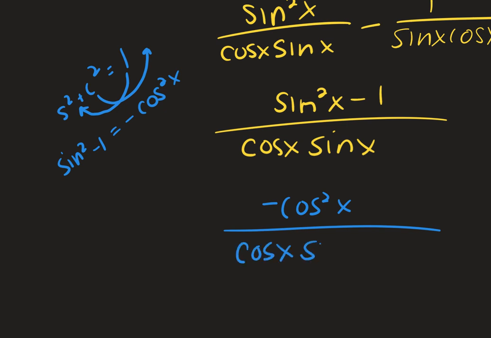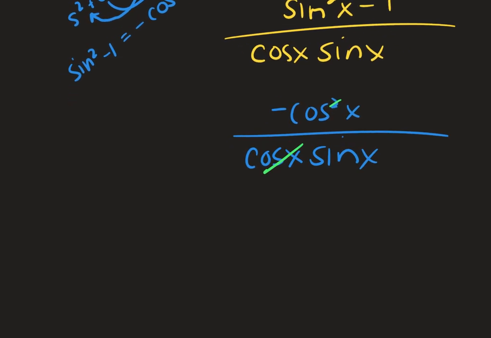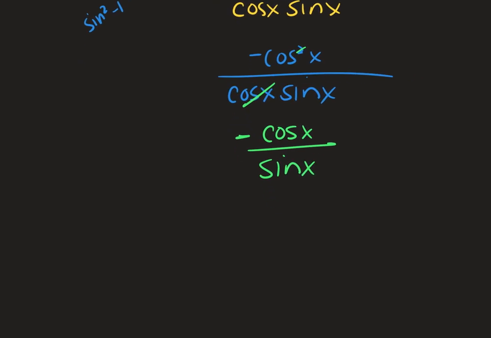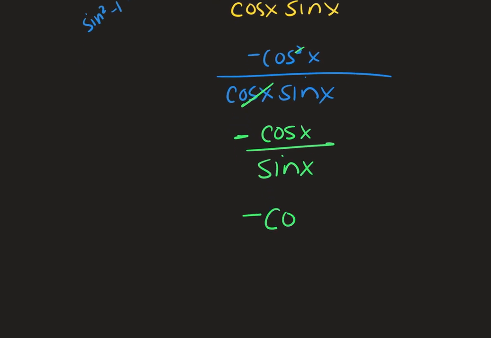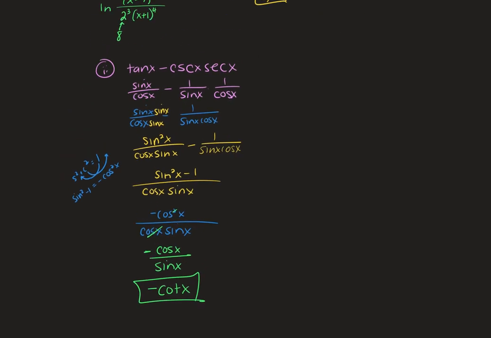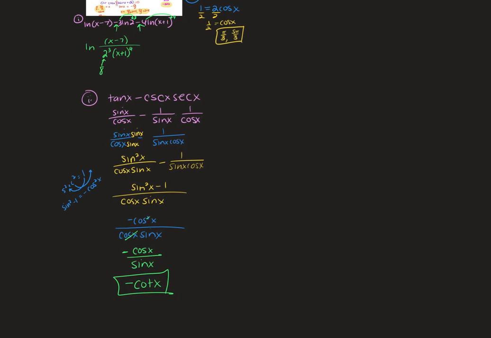Over cosine x sine x. One of your cosines is going to cancel, and I get cosine x over sine x. It's negative, and cosine over sine is cotangent. Okay, that's harder than most of them, to be honest, that we've seen, and I don't think it's terrible.